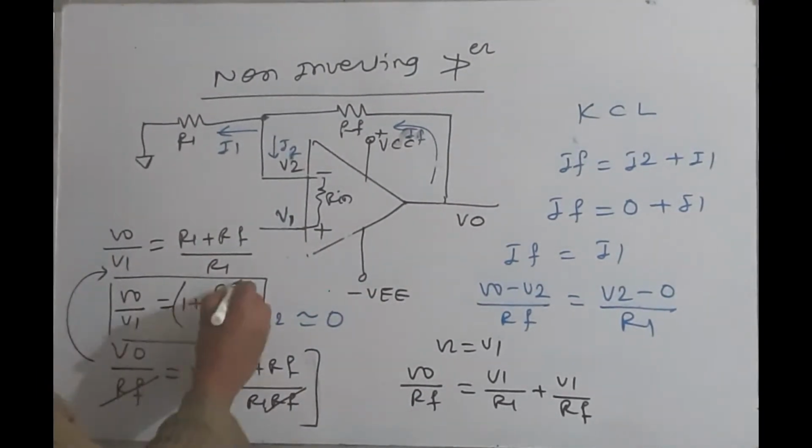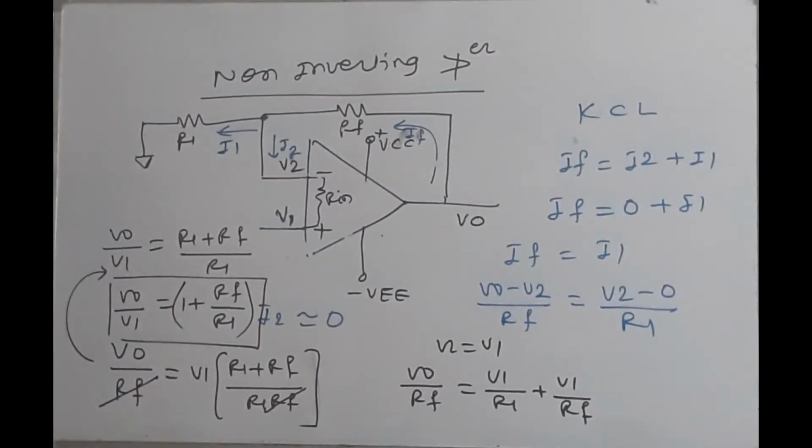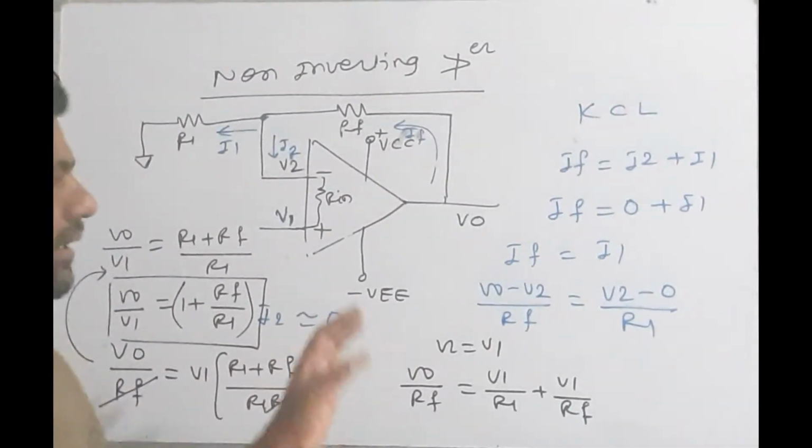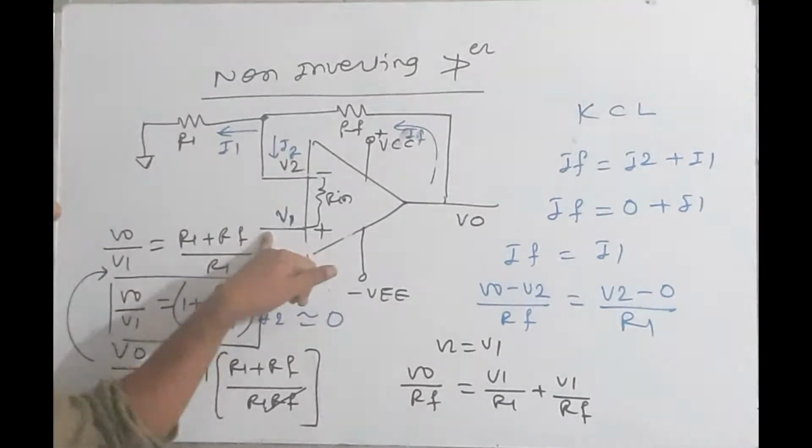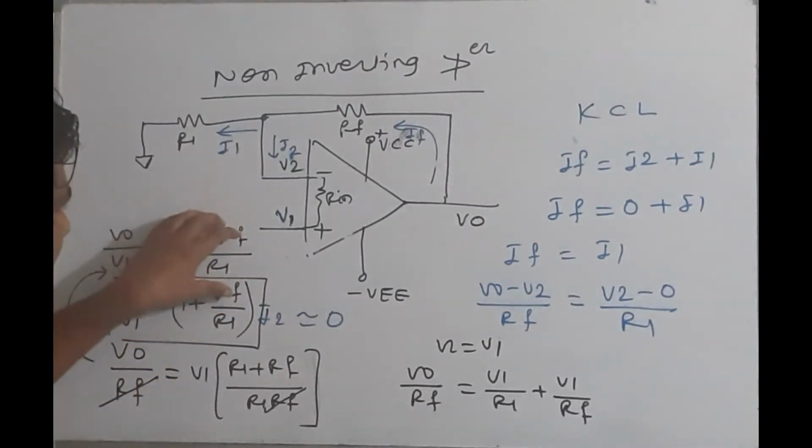So this is nothing but now your closed loop gain with negative feedback. An important point is that you need to find out whether there is some network here or not.